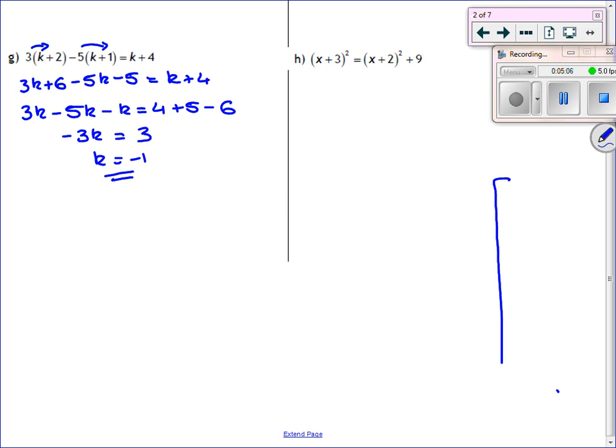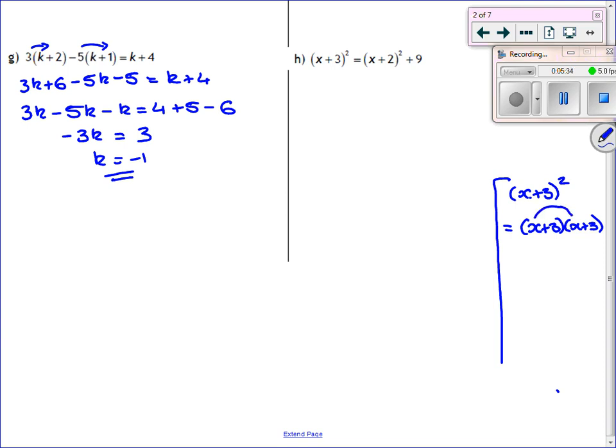So the first thing I've got here is x plus 3 all squared. Now, from your knowledge of expanding brackets, you should remember that this means x plus 3 times x plus 3. We covered this before school closure. So all I'm going to do is I'm going to FOIL this out.